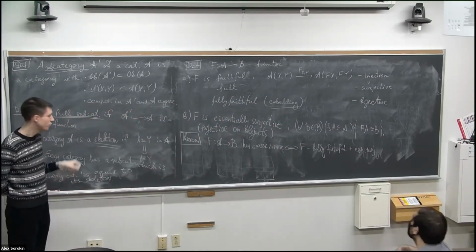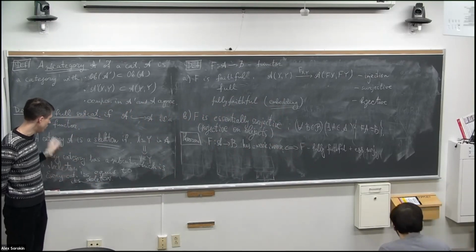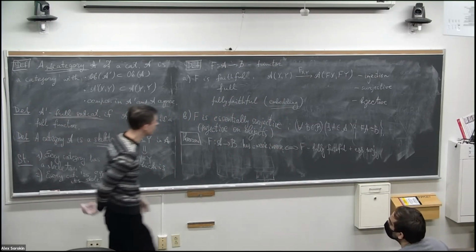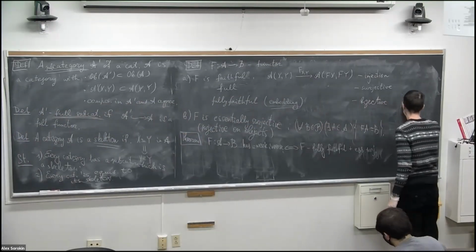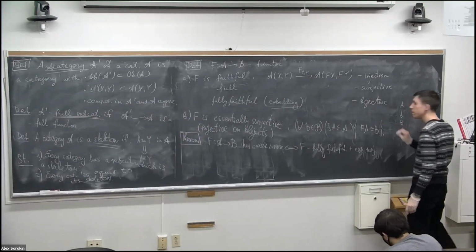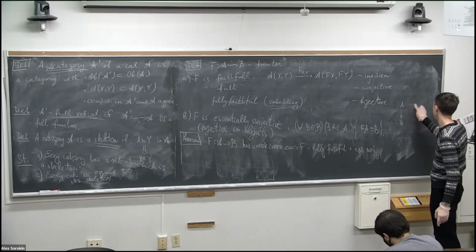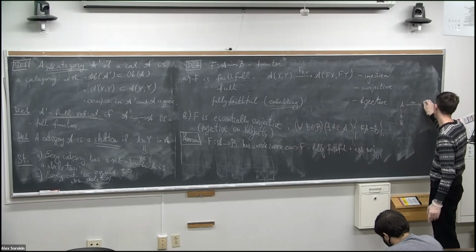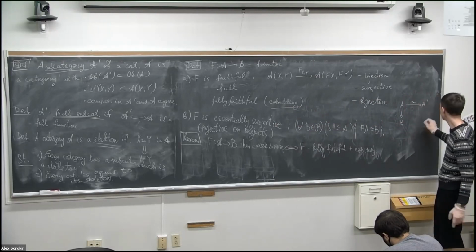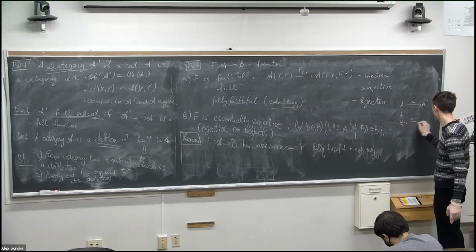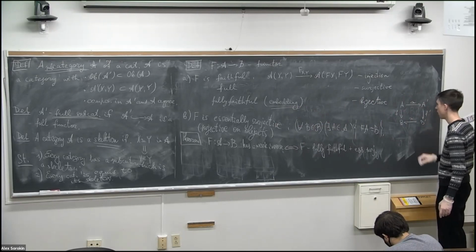I will tell you precisely how it goes. If you have a morphism F from A to B, then from A you take an isomorphism to A prime in the skeleton, and from B an isomorphism to B prime in the skeleton, and for them here is F prime.